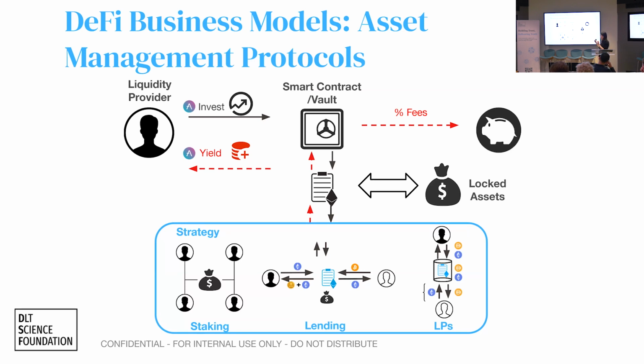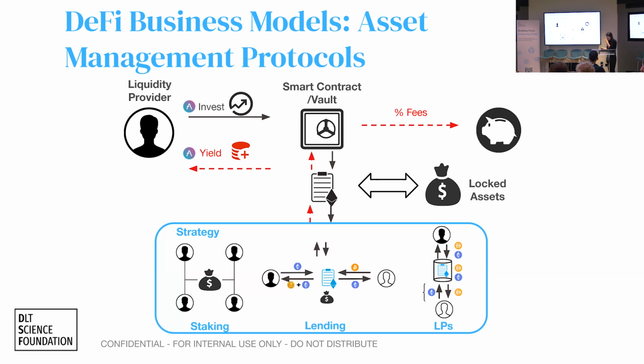okay, what this particular fund's trading strategy or investment strategy is. This investment strategy can be providing liquidity in a decentralized exchange, or providing liquidity at a lending protocol, or some other kind of staking or yield earning strategy.